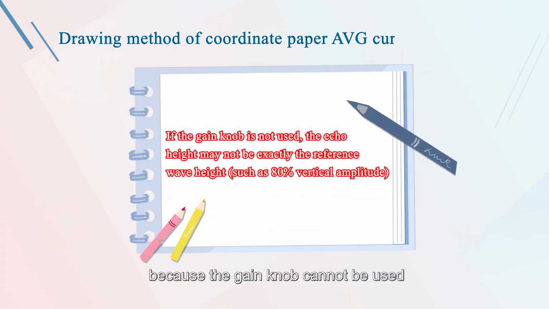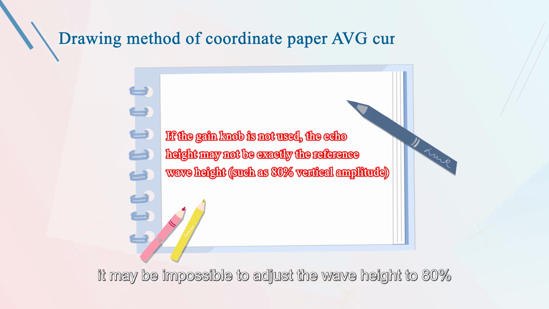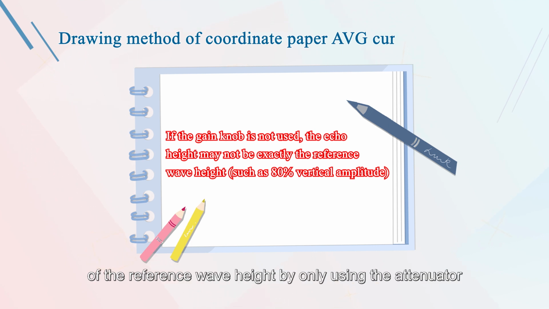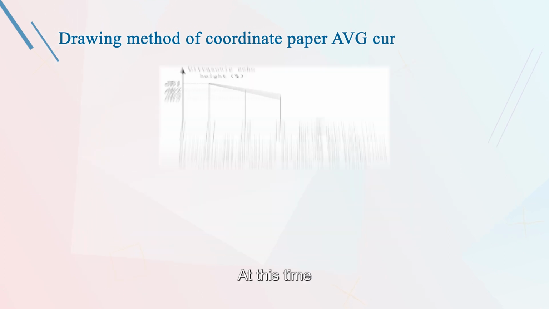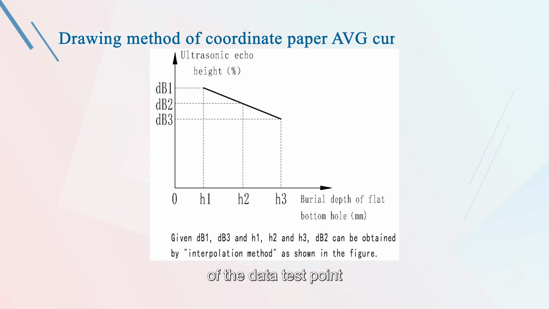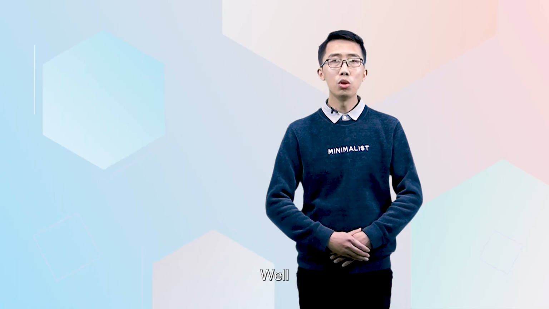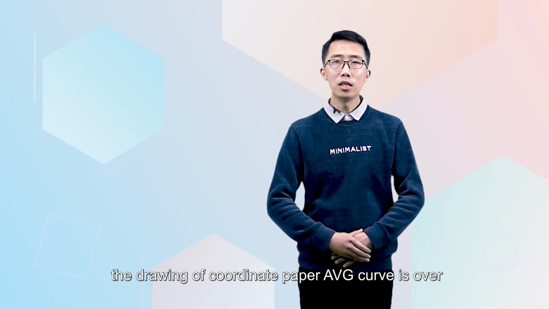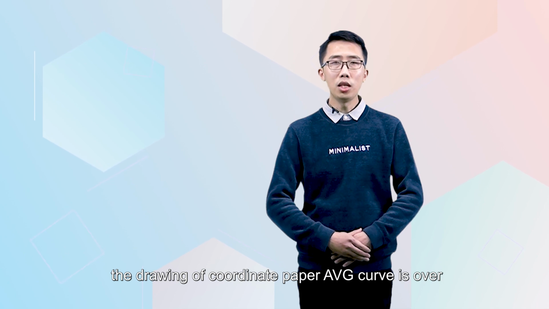However, because the gain knob cannot be used, it may be impossible to adjust the wave height to 80% of the reference wave height by using only the attenuator. At this time, the interpolation method shown in the figure should be used to determine the ordinate dB value of the data test point. Well, the drawing of the coordinate paper AVG curve is over.